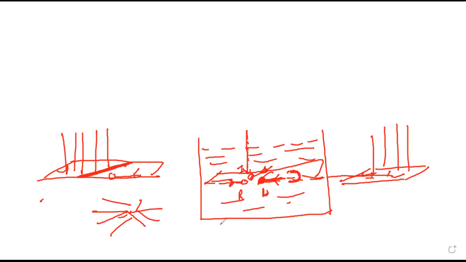That means if this is the point in the liquid, pressure from this side, this side, all sides is same, because the height is same.